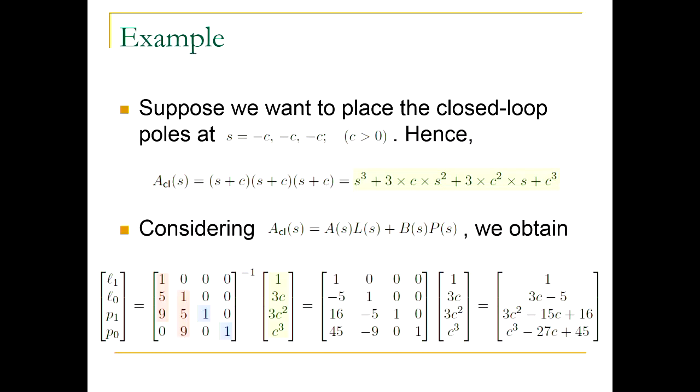These are solutions, basically. If you let L1 in the controller be 1, L0 be 3c minus 5, etc., you get what the coefficients in the controller should be as a function of your constant c. Minus c is the closed loop pole, so there are 3 poles at minus c.